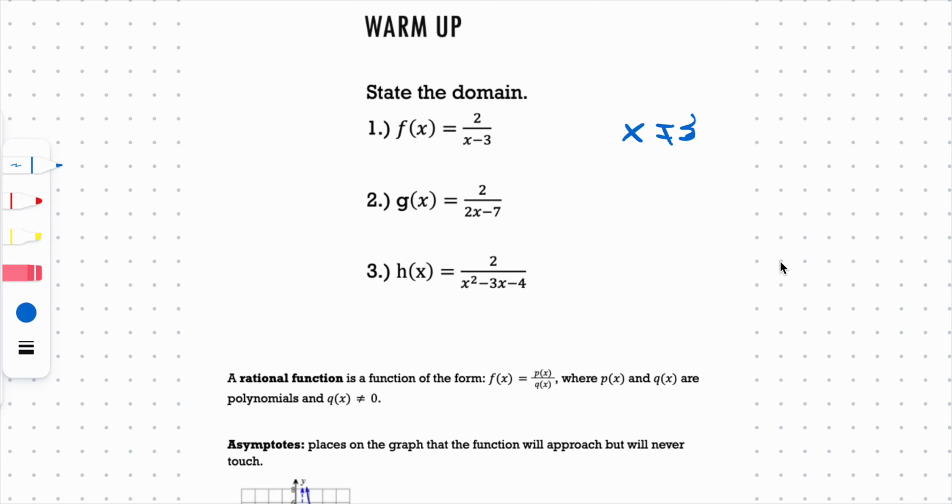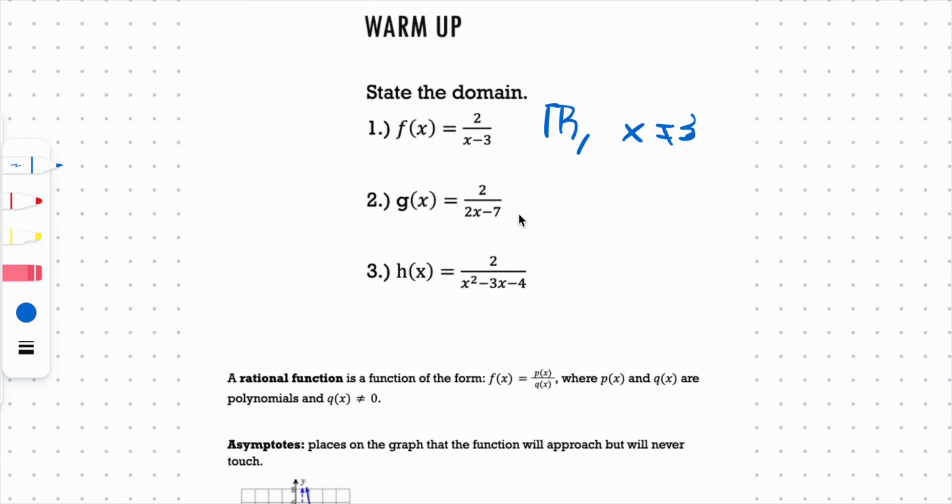Depending on the teacher, you might be able to just say x cannot equal 3, or you must say all real numbers, but x cannot equal 3. And this is the symbol for all real numbers when you combine that right there. Okay, so in this case, what value can x not be?